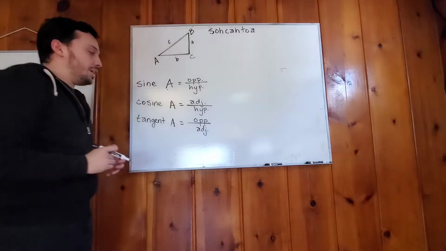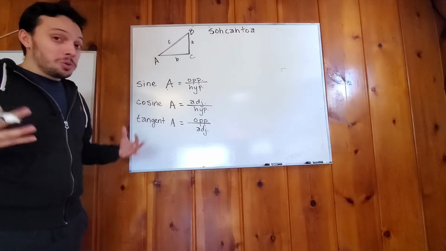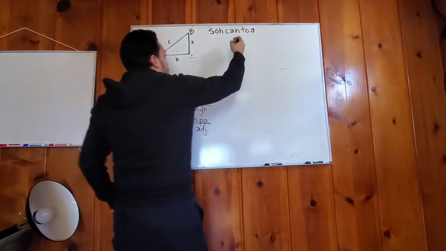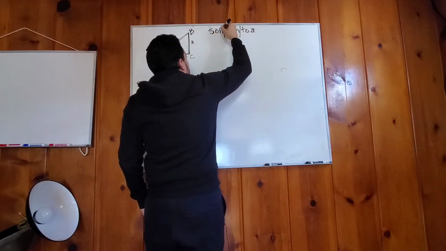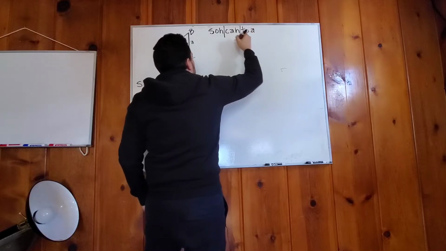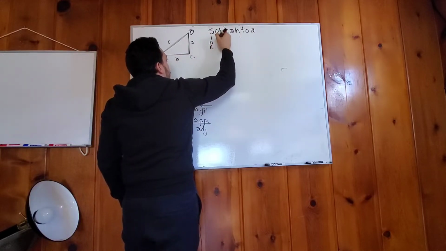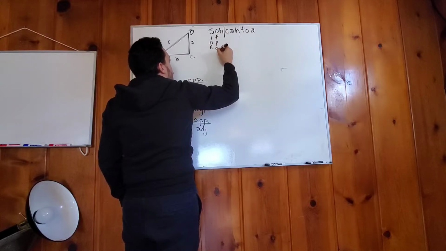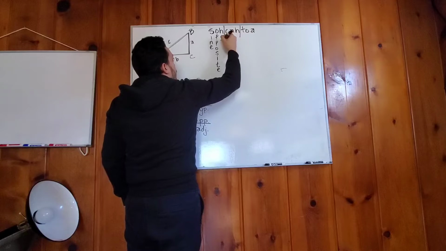That is pretty easy, right? But then how do you actually remember what goes where? This is where SOHCAHTOA comes in, and SOHCAHTOA is actually divided this way. SOH: sine is opposite over hypotenuse.